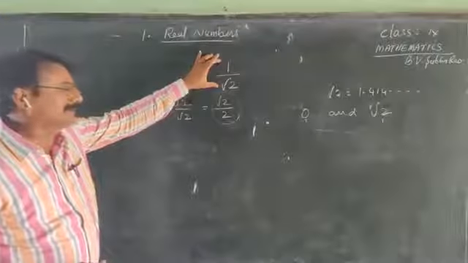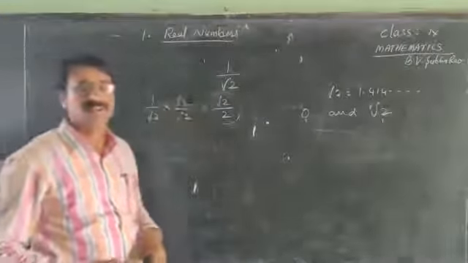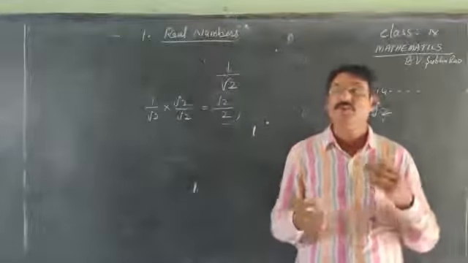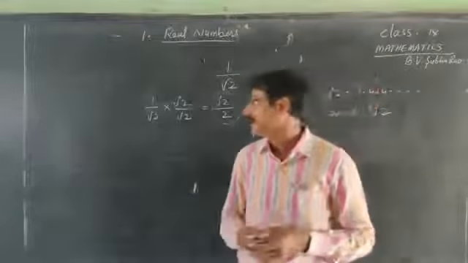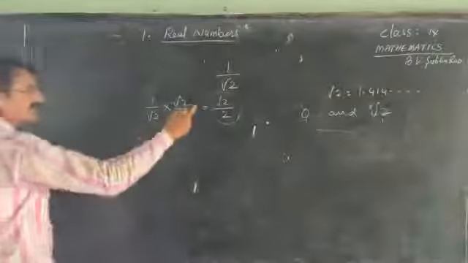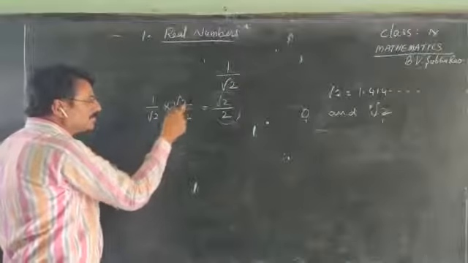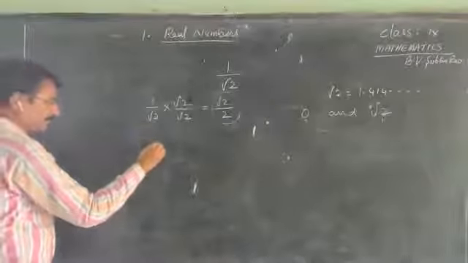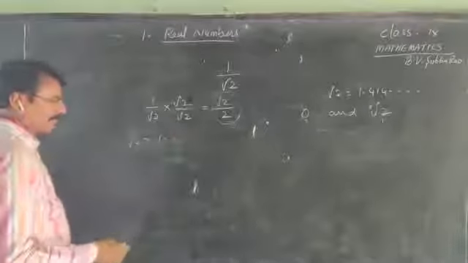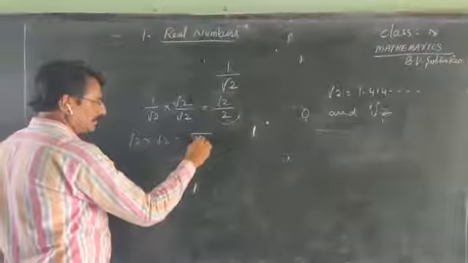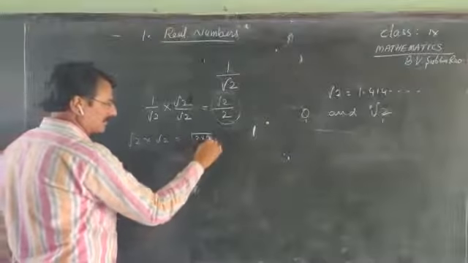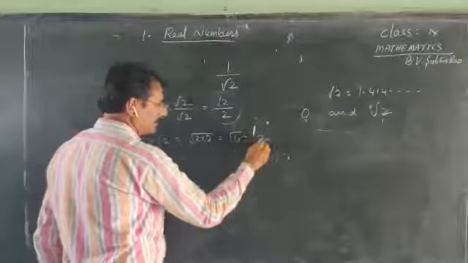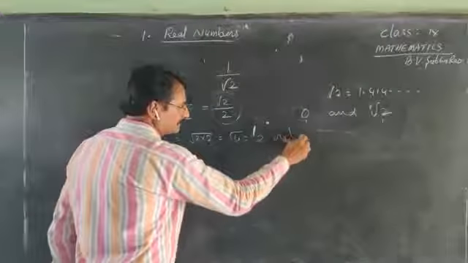For any type of number, we must do denominator rationalizing. Here, to rationalize this root 2, we use another root 2. You observe this one, root 2 into root 2, square root of 2 into 2, root 4 equal to 2, is a rational number.